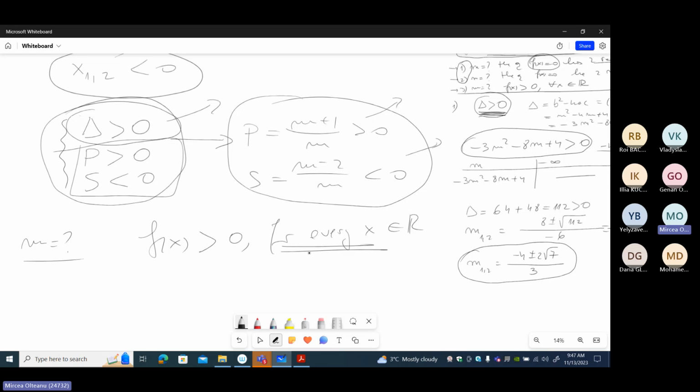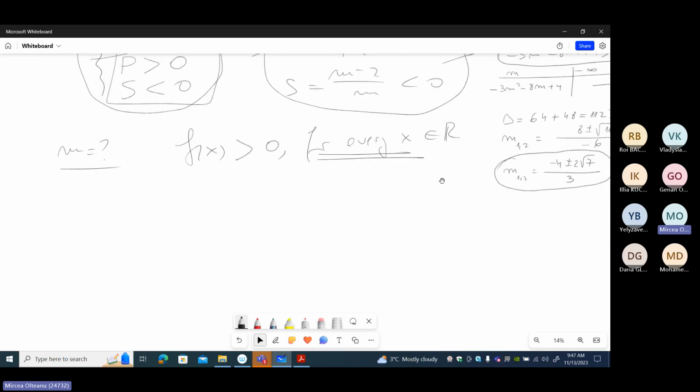Of course, first of all, this is a question about the function, no more about the equation. And second, of course, it is connected to the sign of the quadratic function. So we have to look to the sign of the quadratic function in order to see when this can happen.